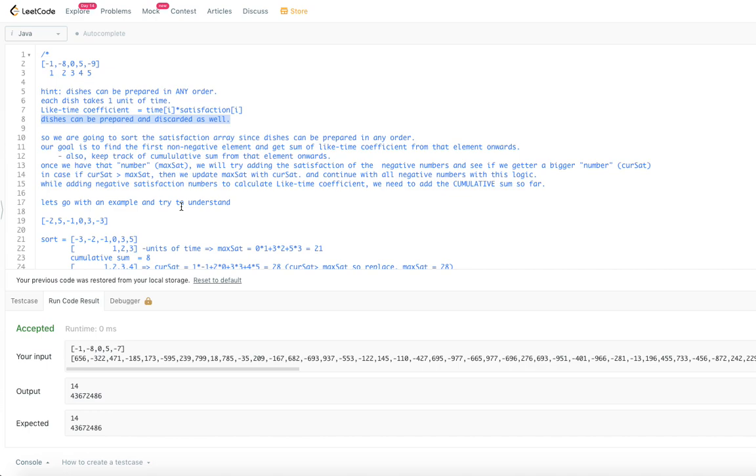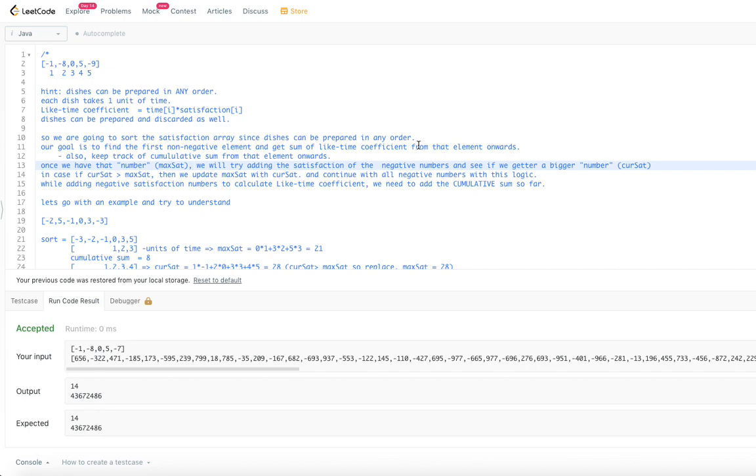For that purpose, we are going to consider the negative numbers also. I am calling the number that we got, the cumulative sum for all the non-negative numbers, max satisfaction, and we will try adding the satisfaction of the negative numbers and see if we get a bigger number.